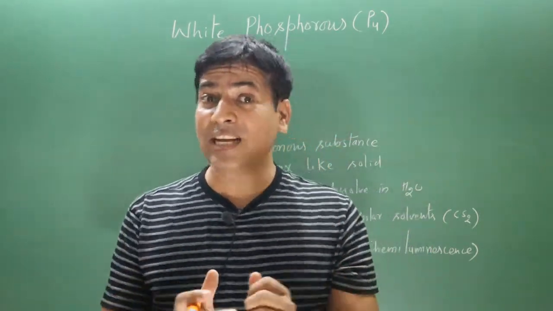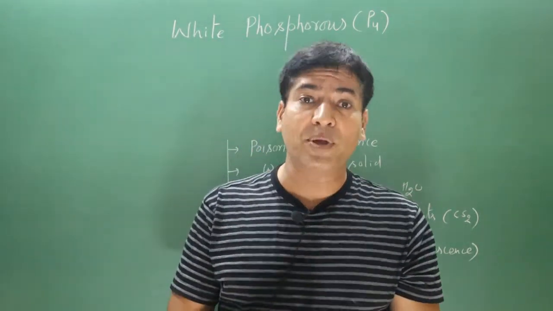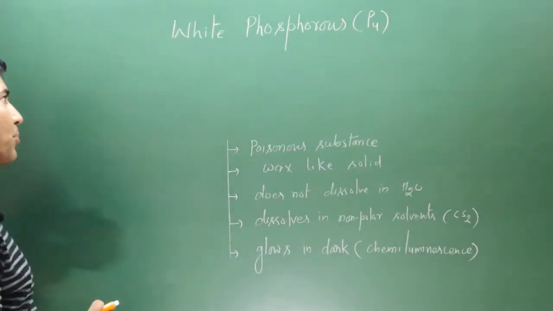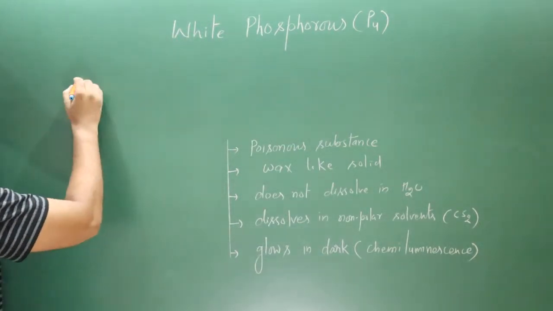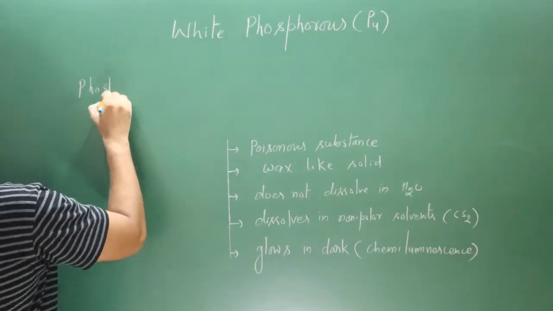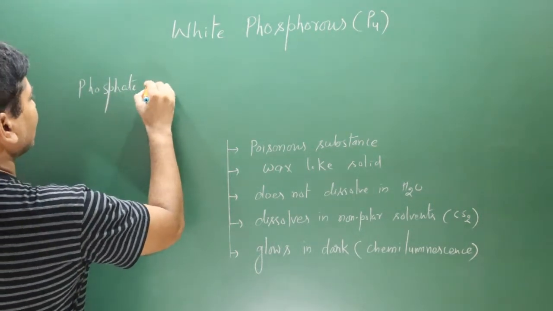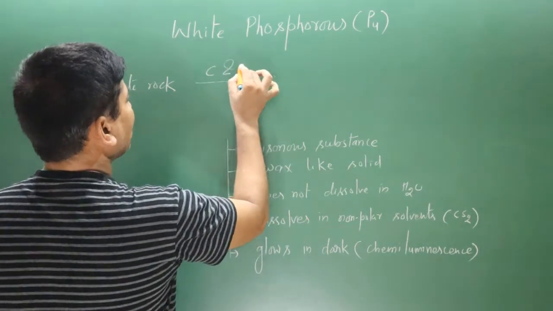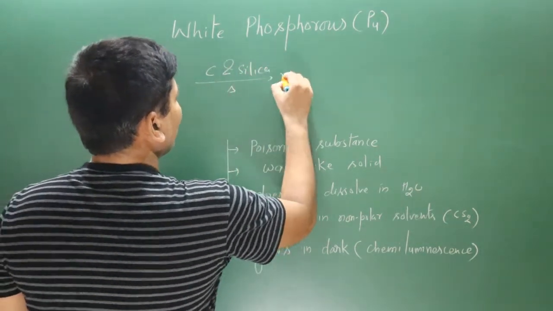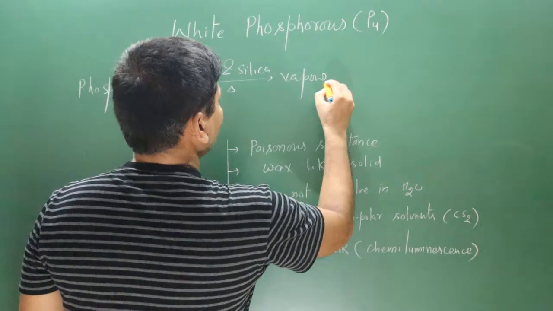Okay, this is the industrial method. Industrially, that is how we prepare white phosphorus. Let me write this preparation reaction. There is only one preparation reaction we have. We have phosphate rock. On heating in the presence of carbon and silica, we get vapors of phosphorus.